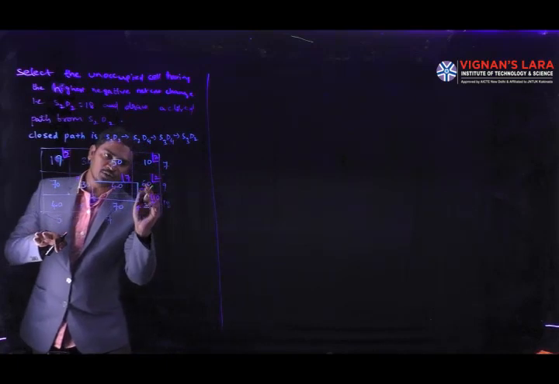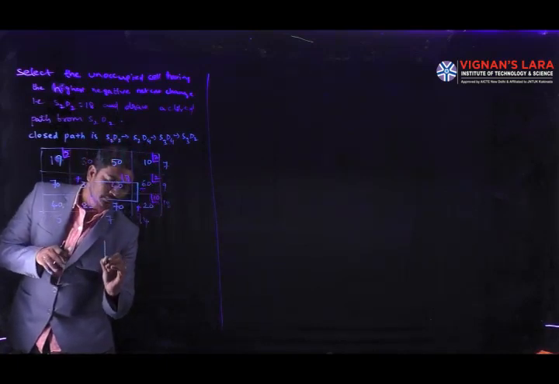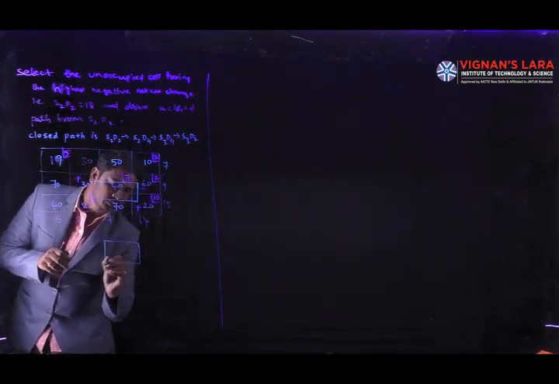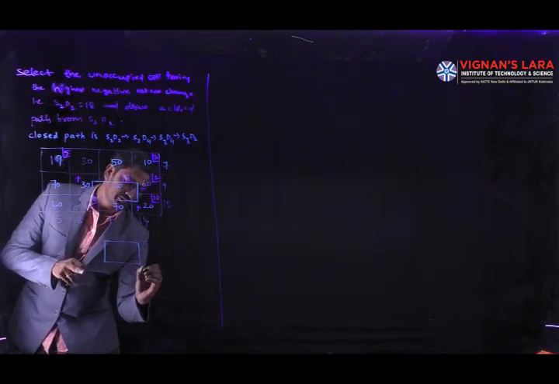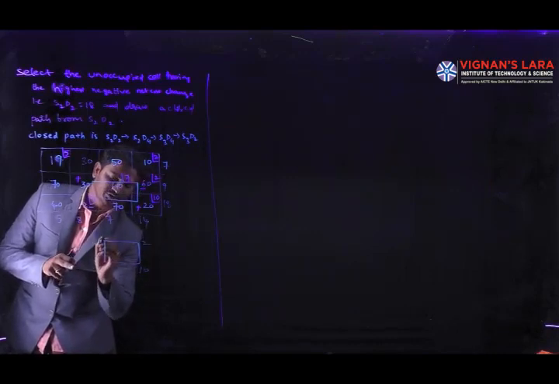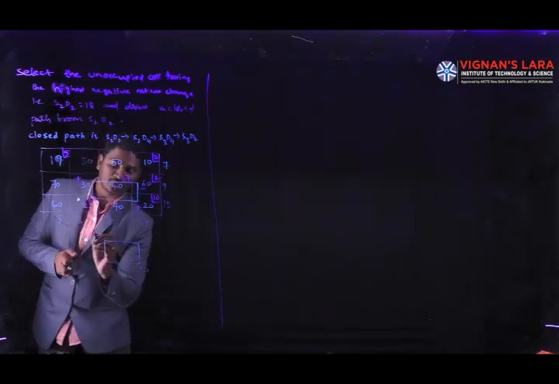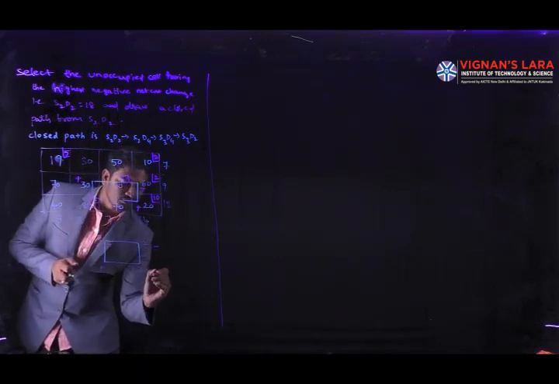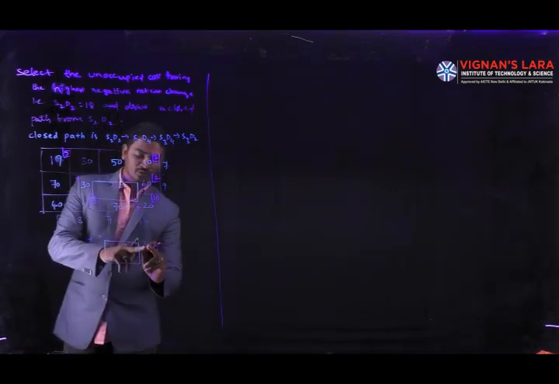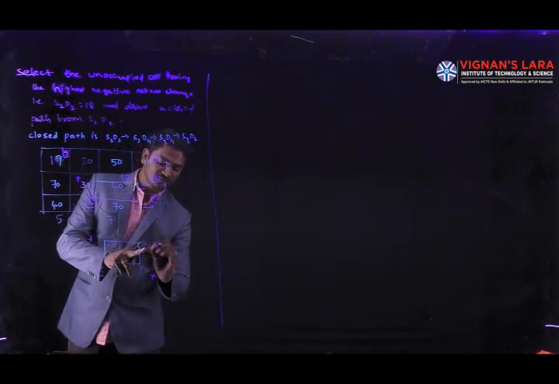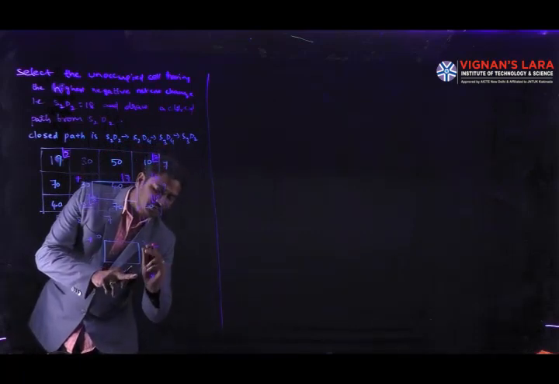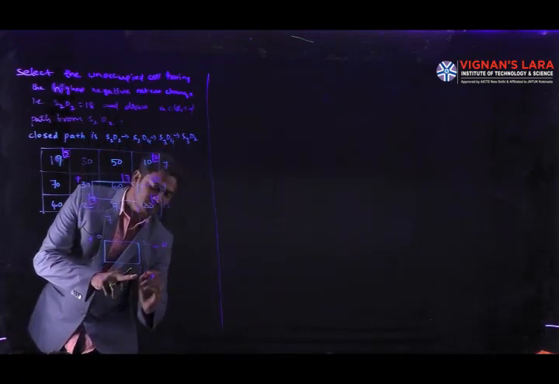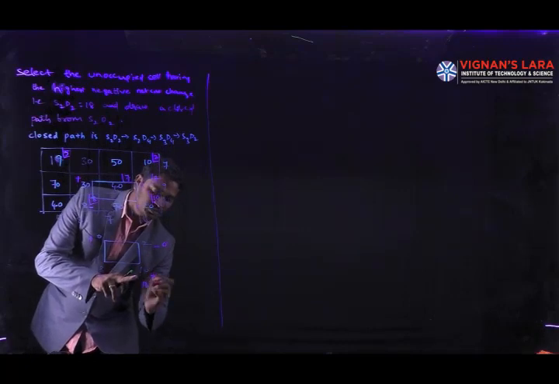So we have 2 units, 10 units, 8 units, 0 units. Now we transfer these values throughout the loop. We transfer these 2 units to this cell. After transferring, here we are getting 0 and here we are getting 12.